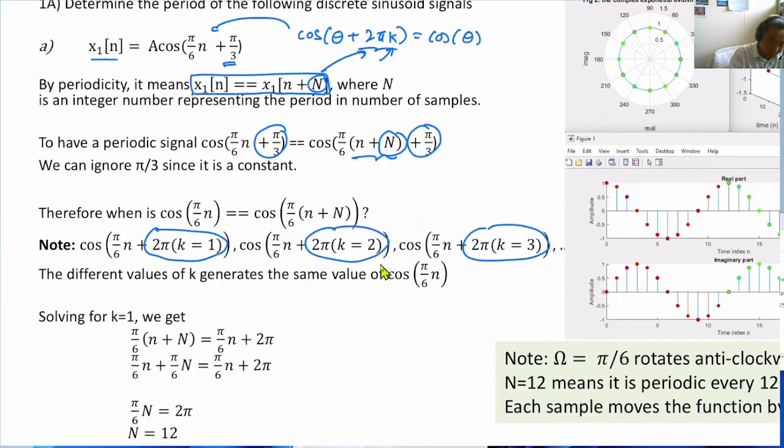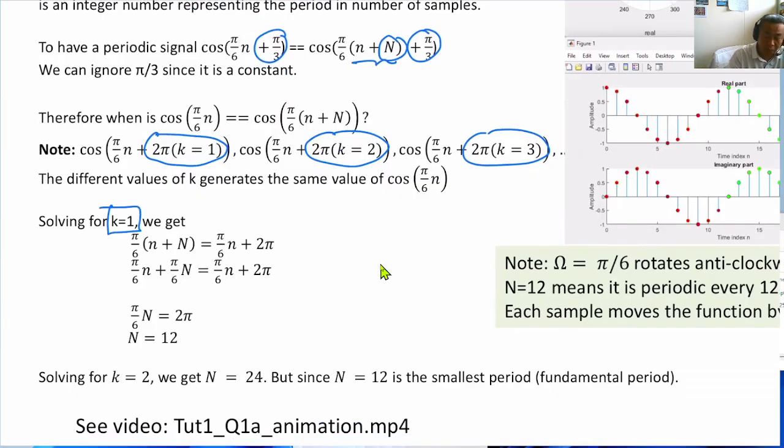Now, when we solve for k equals 1, it means that we are only thinking of it to be one period away. So let's expand out this term, pi over 6 (n plus capital N) on the left hand side, and pi over 6 n plus 2 pi on the right hand side. If these are equivalent, then we can solve for capital N. In this particular example, we find that capital N equals 12.